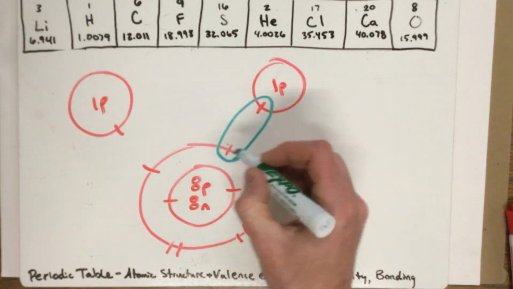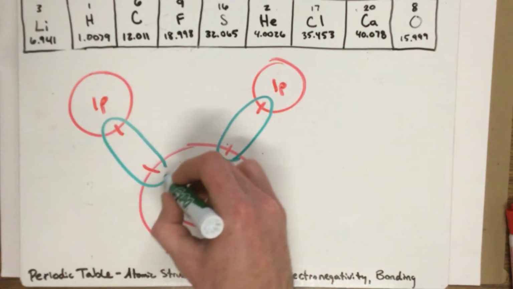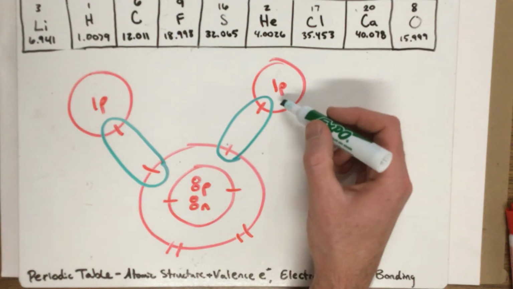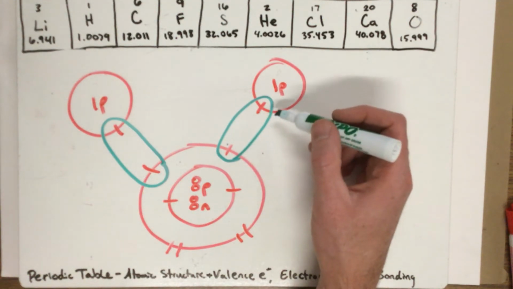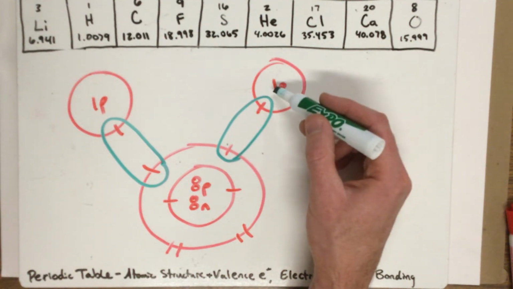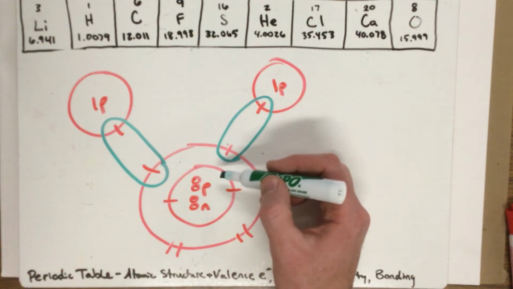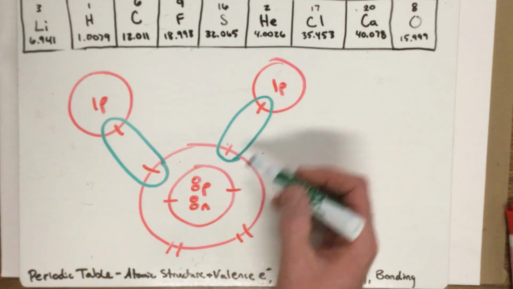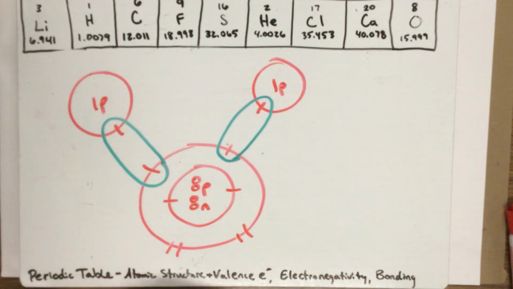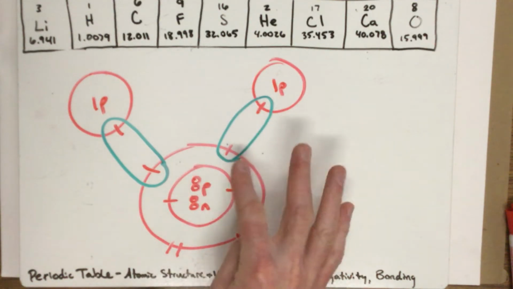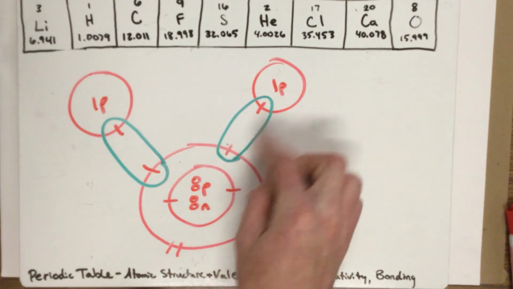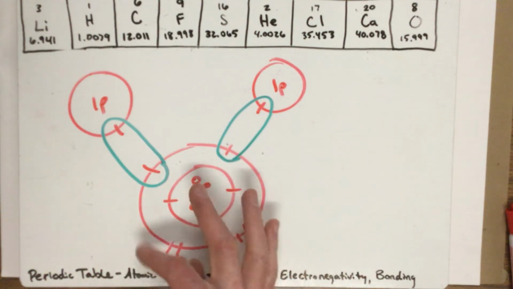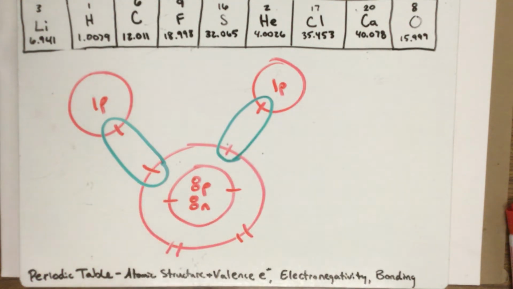Sure, they could share. Could one donate to the other? Well, in this case, the hydrogen would probably donate to the oxygen because the oxygen's almost full. And oxygen wouldn't donate anyway because it would still be left with 4 electrons in its outer shell. That doesn't help it any.